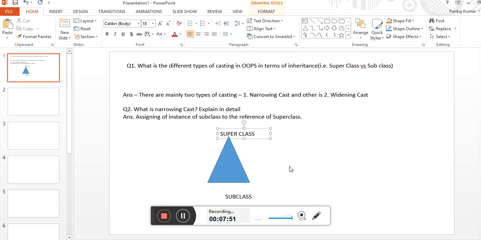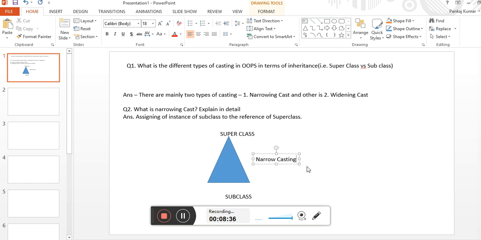You can see it is narrow at this part and wider at that part. So when a wider instance is assigned to the reference of the superclass, it is narrowing cast. We are assigning a subclass instance to a superclass reference. This way you can remember it.